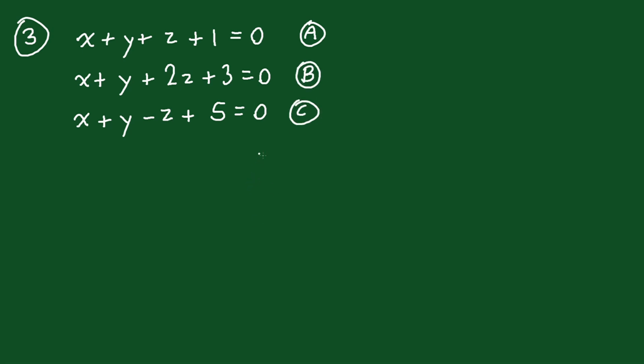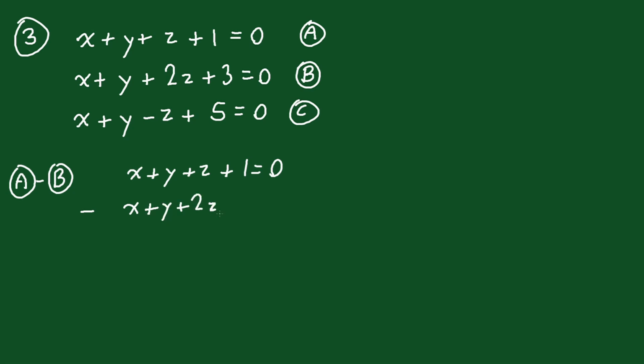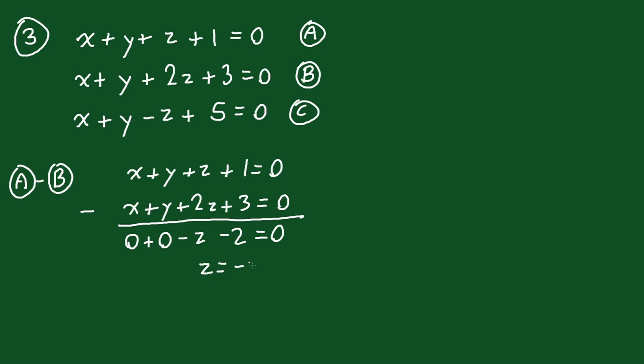Let's start by doing A minus B. If you do A minus B, x plus y plus z plus 1 equals 0 minus x plus y plus 2z plus 3 is equal to 0, you're actually going to be able to eliminate two variables. X minus x is 0, y minus y is 0, z minus 2z is minus z, 1 minus 3 is negative 2. Solve for z, you'll get z is equal to negative 2. Okay, so that's a value of z we got.